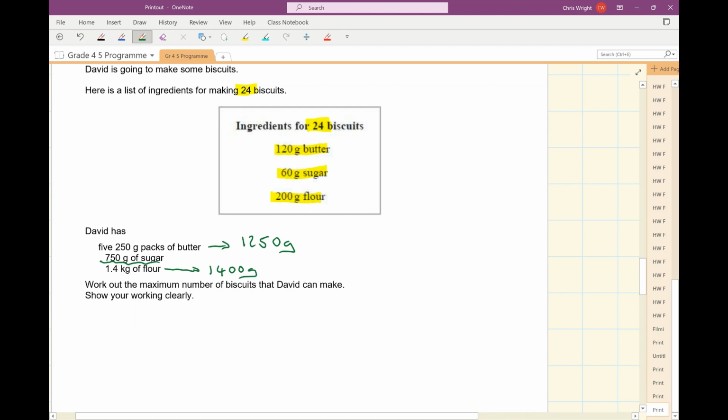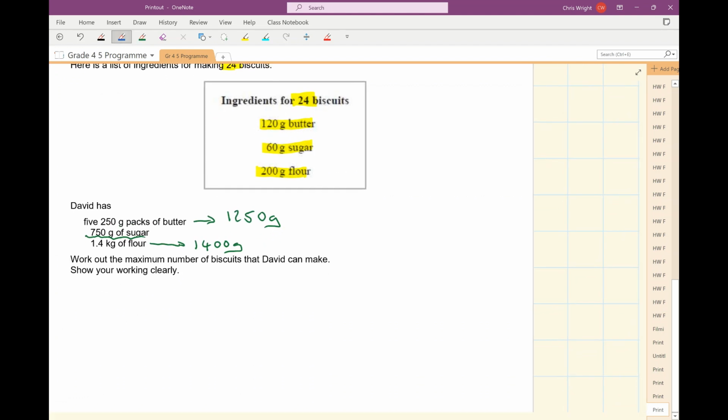Work out the maximum number of biscuits David can make. Okay, well, I'm going to go to one biscuit. So for 24 biscuits, he needs some butter, some sugar, and some flour: 120 grams, 60 grams, 200 grams.